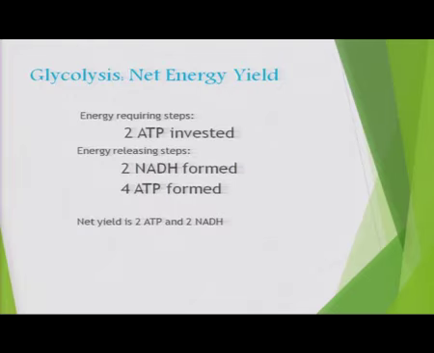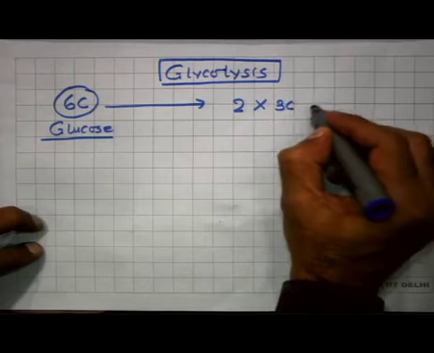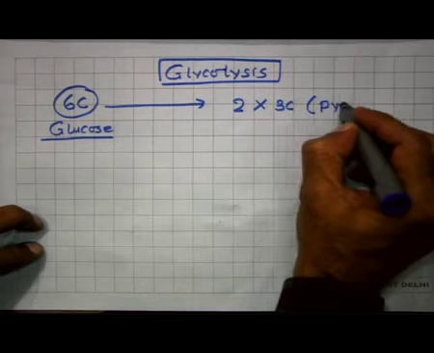Glycolysis is the process by which a 6 carbon compound, that is glucose, a type of carbohydrate, is converted into 2 molecules of a 3 carbon compound, that is pyruvic acid.